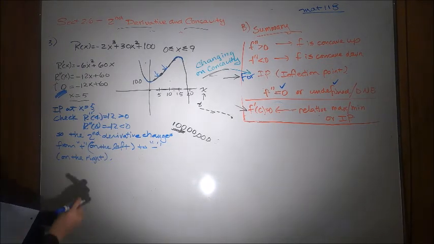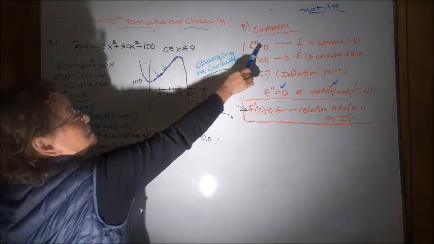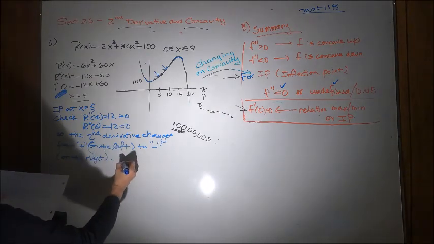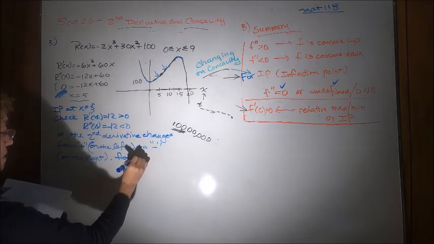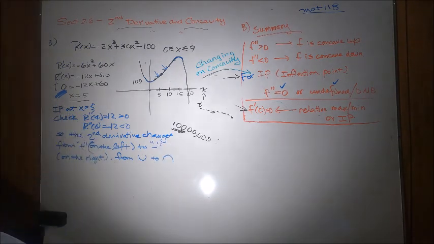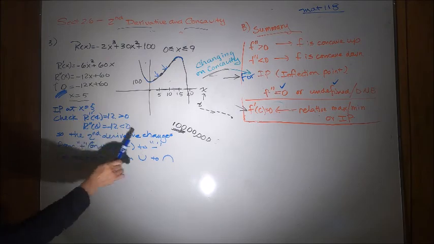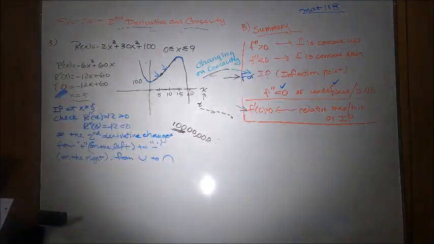So it means what? Positive is concave up or concave down? Positive means from concave up to what? Concave down, right? Positive to negative, concave up to concave down.